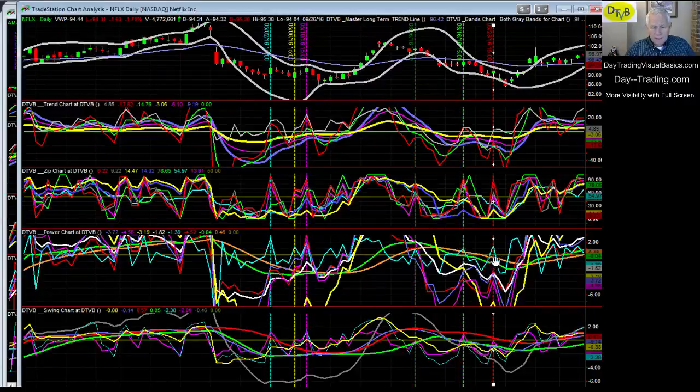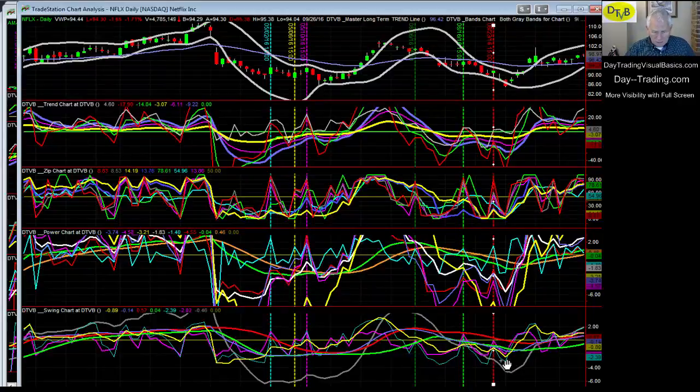And comparatively, Power Zion does cross zero on a peak and then come back down rather frequently, so I'll just bring that to your attention. If you go down to the swing chart, you've got all three swing lines up, pink, yellow, cyan, with the gray line down.